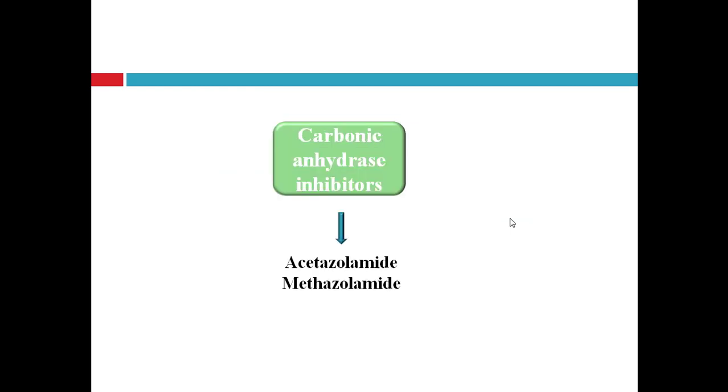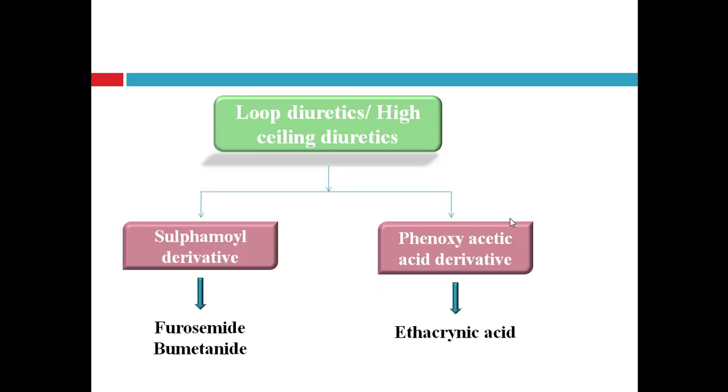Second class is carbonic anhydrase inhibitors. Examples are acetazolamide and methazolamide. Third class is loop diuretics, also known as high ceiling diuretics. They are again divided into 2 parts, sulfamoyl derivatives and phenoxyacetic acid derivatives.